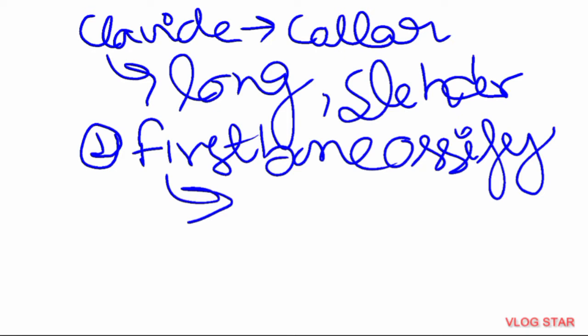The answer is the clavicle. Okay. It is also the only long bone which ossifies from two primary and one secondary center.